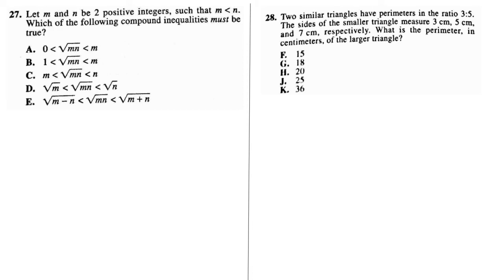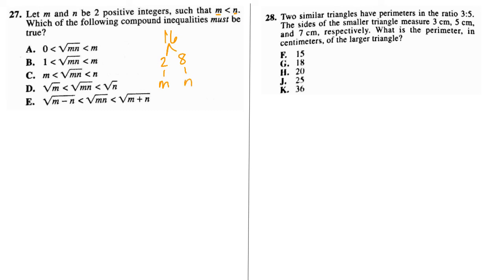So the first thing I would do is try to find m and n so that when I multiply them together, I get something I can take the square root of. So I would choose 16, and we have 2 and 8. So I would let m be 2 and 8 be n.